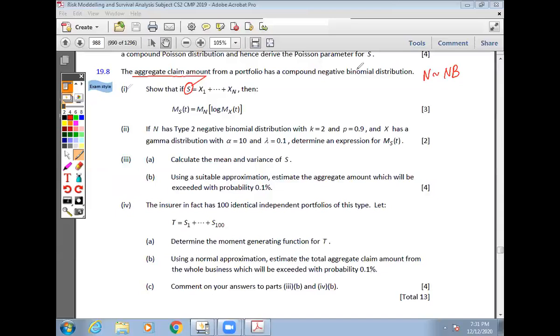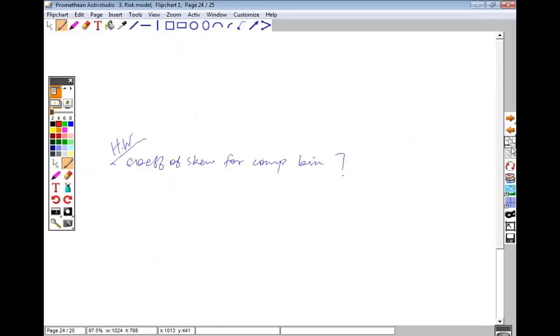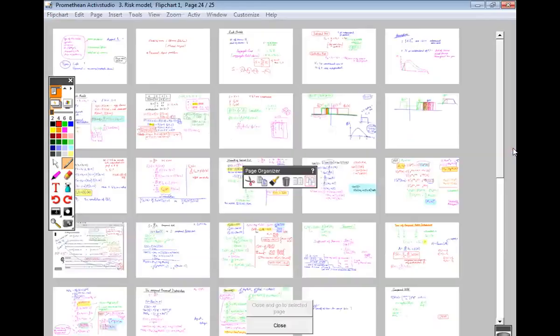The very first part of this question asks us to show something we have already done. Do you remember? We have already shown that our MS(t) is just MN of log of MX(t).